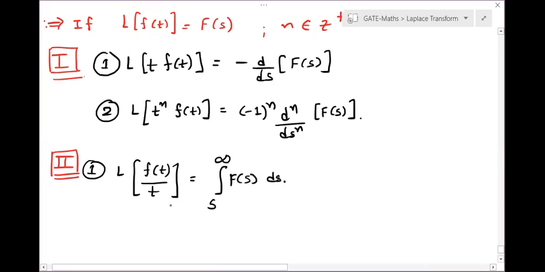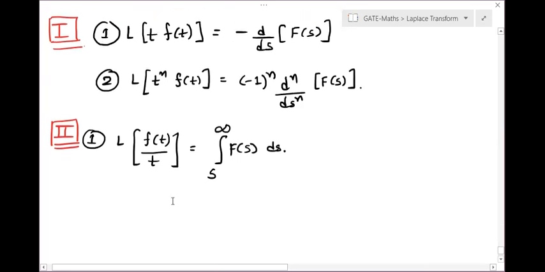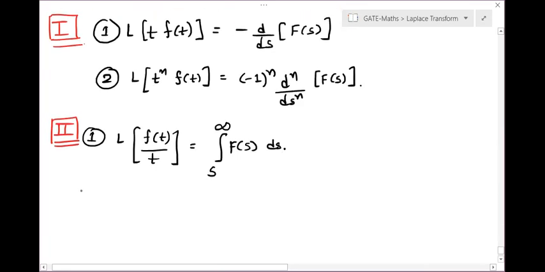Now you'll ask, what about t to the power n? If you are dividing by t to the power n, then you have to find its integration n times.